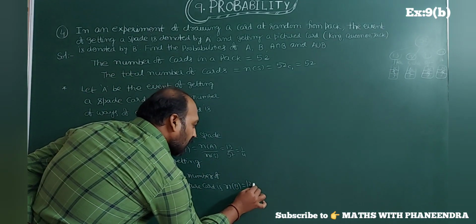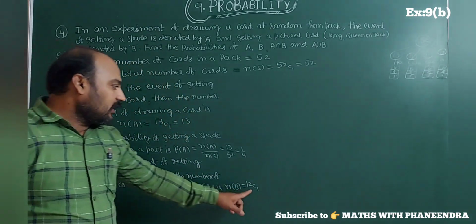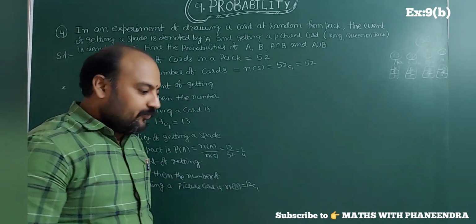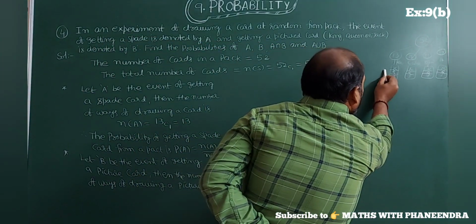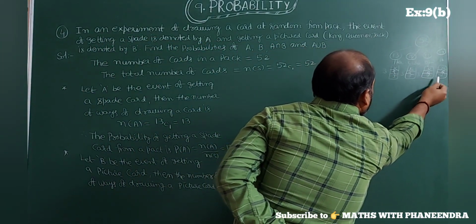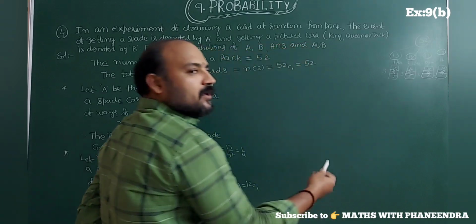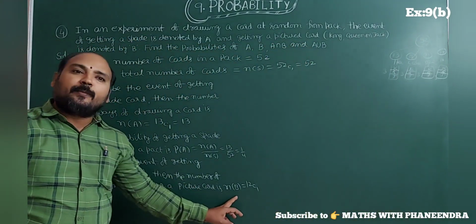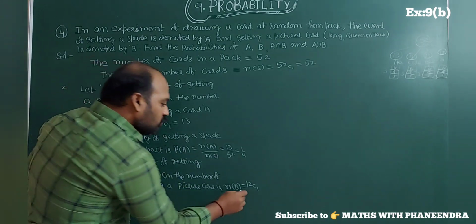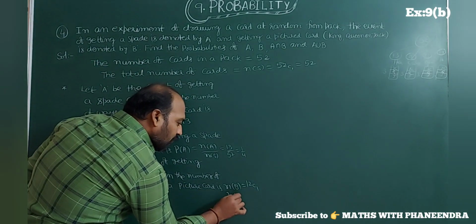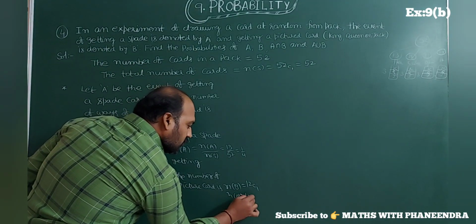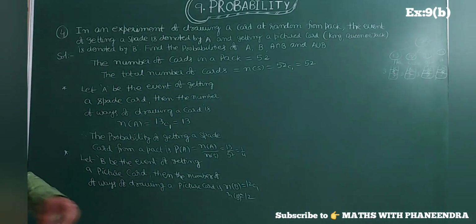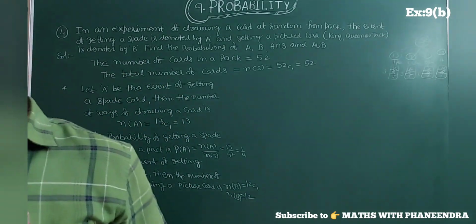So 12 C1, everyone will get how it will come, 12. See here 3 picture cards, here also 3, here also 3, here also 3. So 3 plus 3 plus 3 plus 3, so it will be 12. Out of 12 picture cards, one picture card can be selected in 12 C1. Therefore, n of B is equal to 12. I hope you are able to see now.